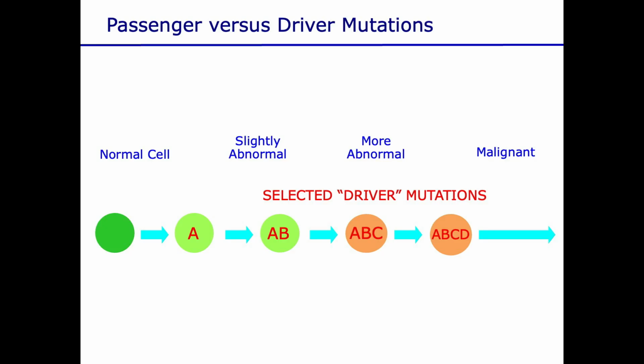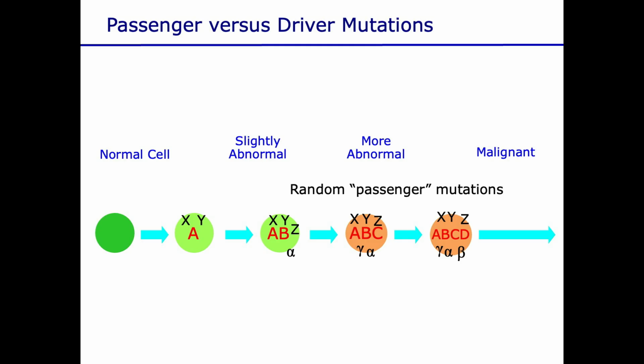And these are the mutations that actually drive cancer, and we believe in most cases give the cells a selective advantage. But at the same time that these mutations are occurring, lots of other mutations are occurring, because of course the vast majority of mutations don't give rise to cancer. They don't contribute to the cancer process. In fact, they will often be deleterious. Most of them will just be neutral.